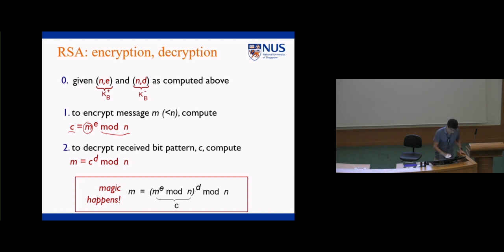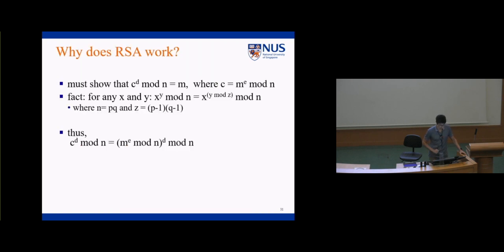The decryption operation is the same, only this time we use the other key. If you consecutively apply the public key and the private key, you get the original message. Now we're going to see why that works.